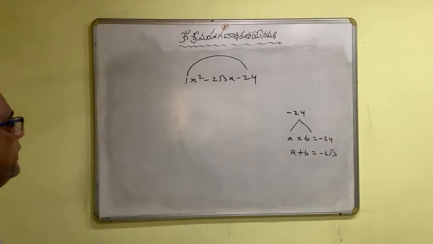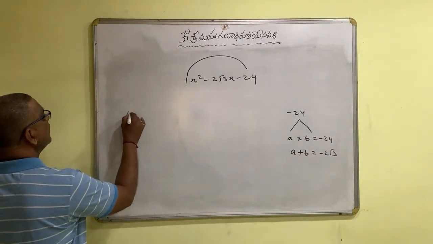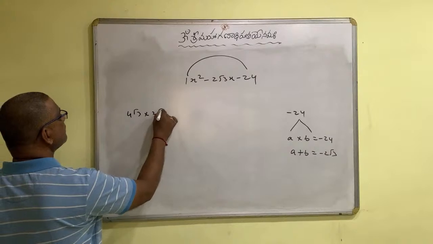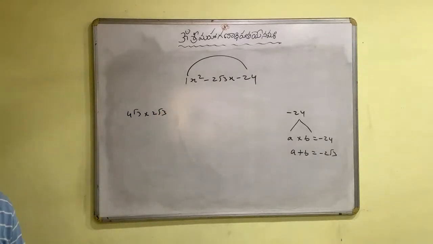Children, you tell me what is the product of these two? 4 root 3, minus 4 root 3 plus 2 root 3. Yes, very good, Yuvraj. 4 root 3 into 2 root 3 is 24.